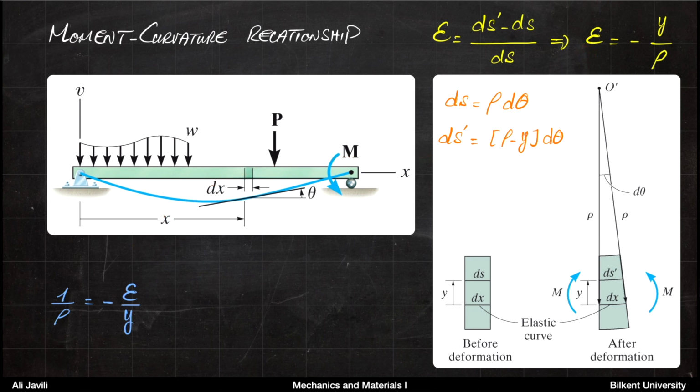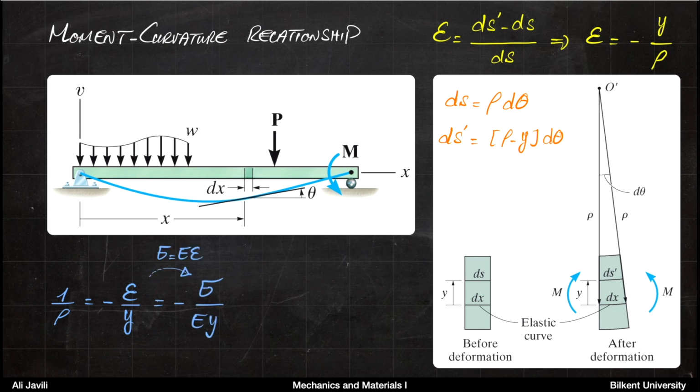And what we want to do next is to use our previous derivations in the topic to relate the curvature with moment. Pay attention that rho is the radius of curvature, and 1 over radius of curvature is actually what we call curvature. Okay, so this is the relation between curvature and strain.